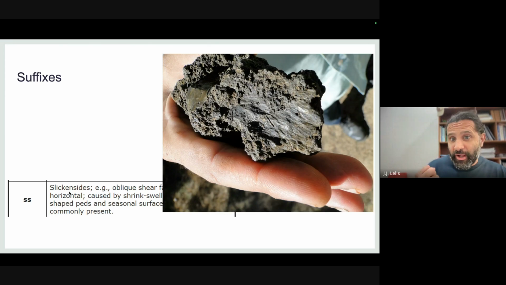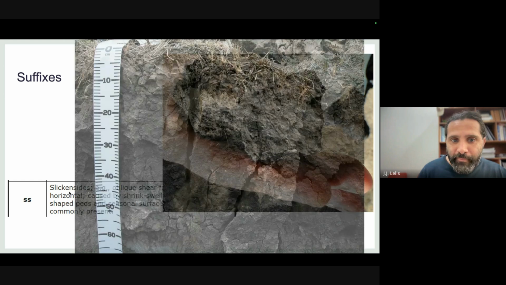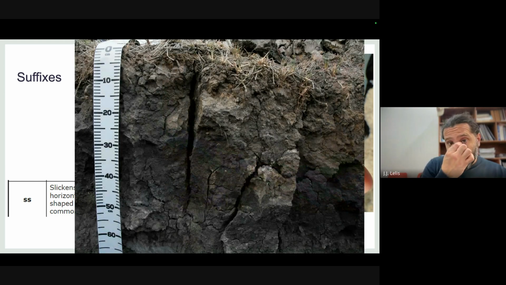So I need to register a high clay content, and of course, this clay content should be related to high activity clays like 2-to-1 minerals, not kaolinite, not goethite, not hematite, not gibbsite. I need smectite, illite, high activity clays. Okay. Of course, you also can see that these high activity clays, they create large cracks, as you can see here. Very large cracks, huge cracks.